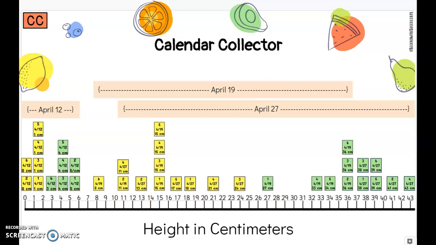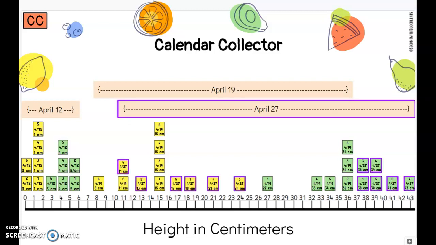All right, let's jump on in. We're going to focus today on just the seedlings we measured for today on April 27th. Those seedlings will be outlined in purple. You can see them here in the corn, and they're kind of all over here for the peas.